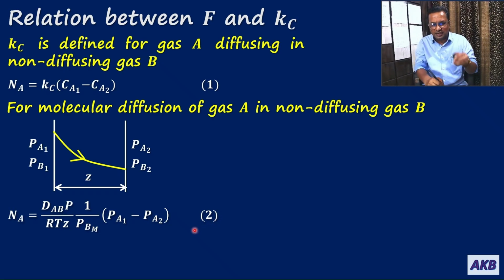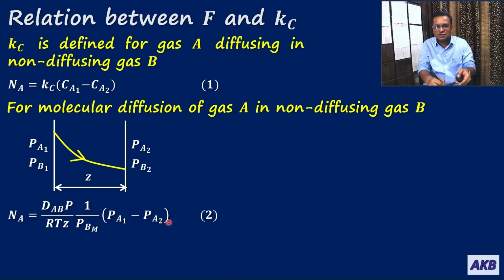I have derived this equation in my discussion on molecular diffusion through gases, so please do watch my playlist on molecular diffusion. In this discussion, I'm directly taking the equation. Why this equation?